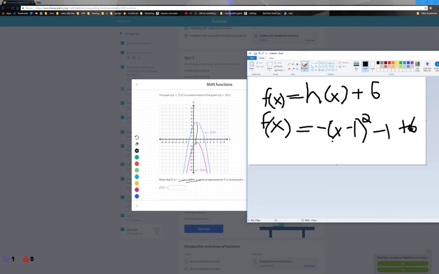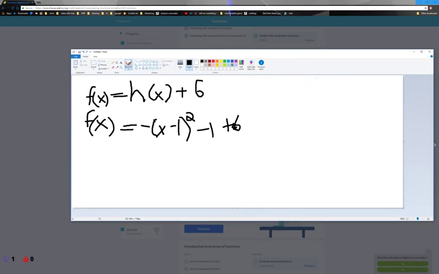So we will square everything inside of here. We'll make this bigger. It would be x minus 1 times x minus 1. So do x times x, and that's x squared.